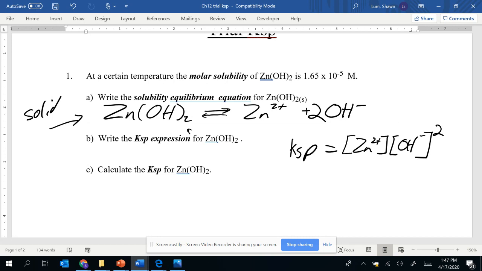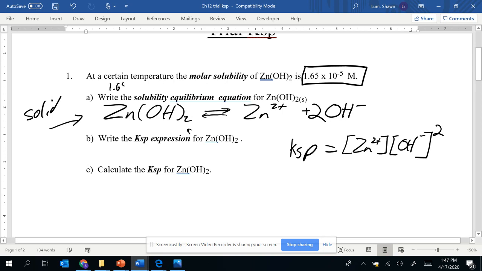Zn(OH)2. Now, it says the solubility for this is 1.65 times 10 to the minus 5. So if this is 1.65 times 10 to the minus 5, that is the concentration of zinc hydroxide. Since this is a 1-to-1 ratio, the zinc is also going to be 1.65 times 10 to the minus 5.